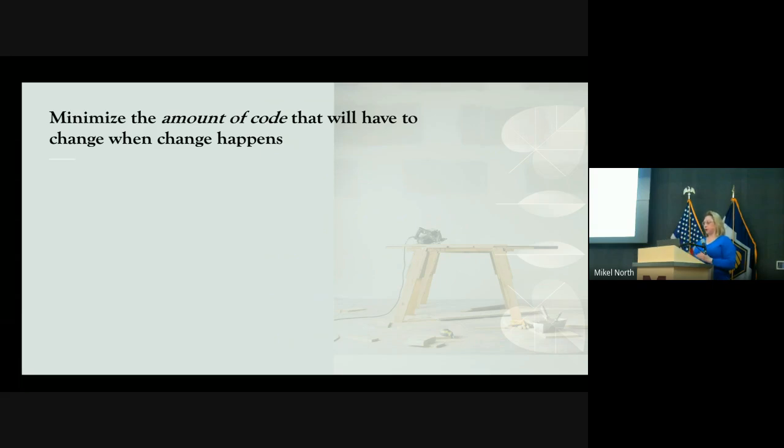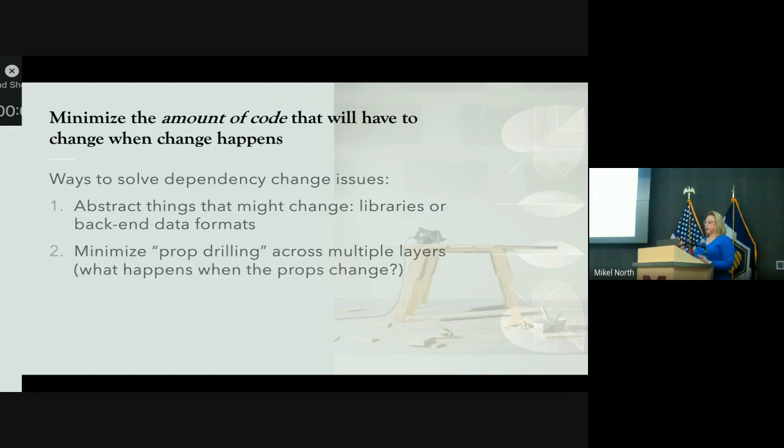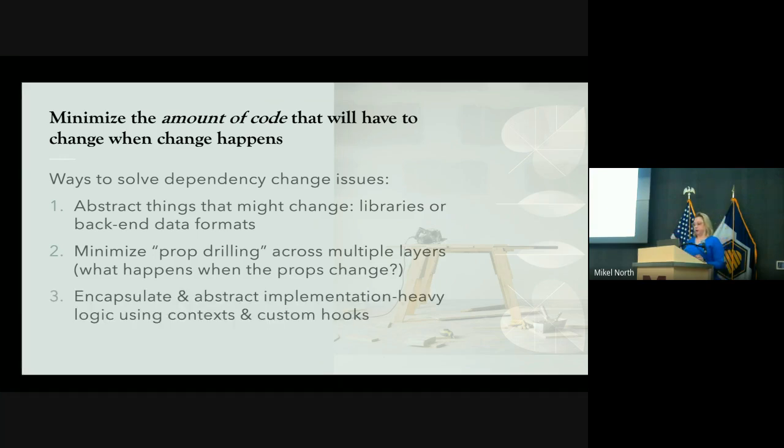Minimize the amount of code that's going to have to change when change happens. So you can solve this by abstracting things that might change. Let's say you have a library or a backend data format or something like that, and you're like, I know this is probably going to change one day. You can abstract it. You can minimize the prop drilling that you do from layer to layer, because when the props change, you're in trouble.